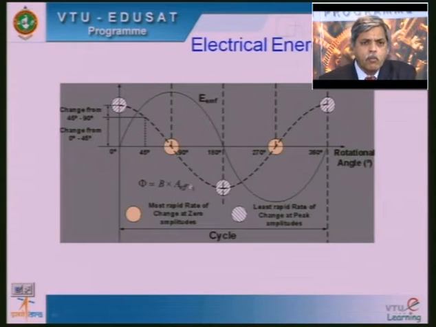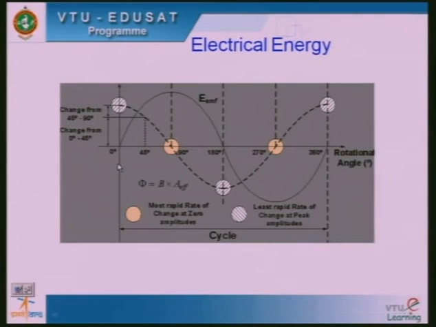Now this waveform will also show us different positions of the conductor or the coil. See here, on the vertical axis I have taken the angular position. 0 is the initial one. By the time there is a 45 degree movement of the coil, I am getting the flux linkages decreasing.